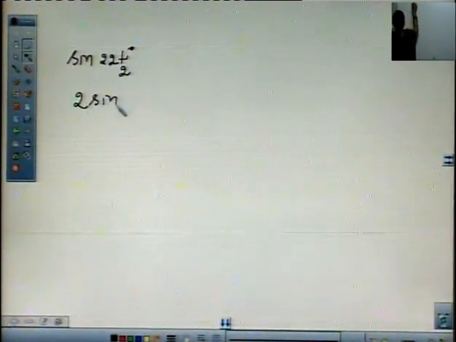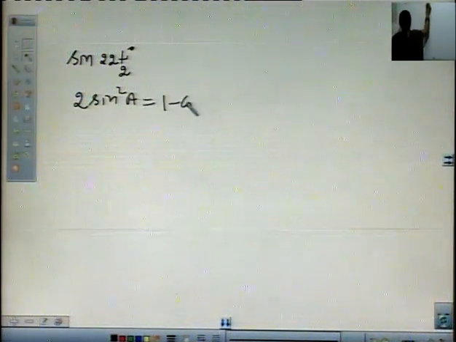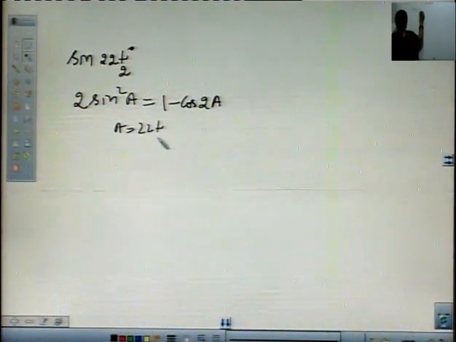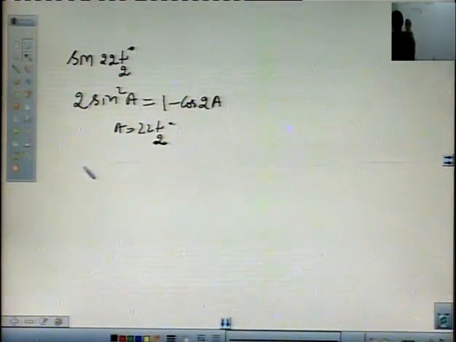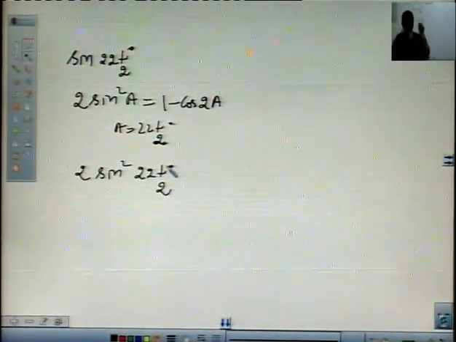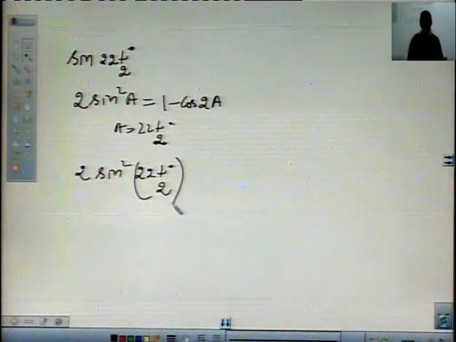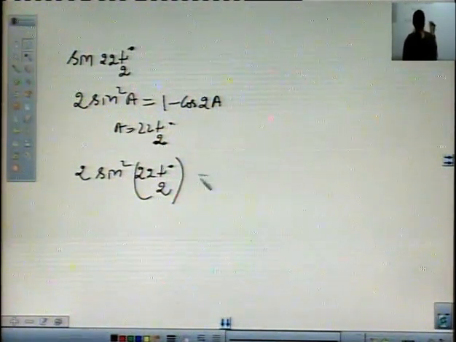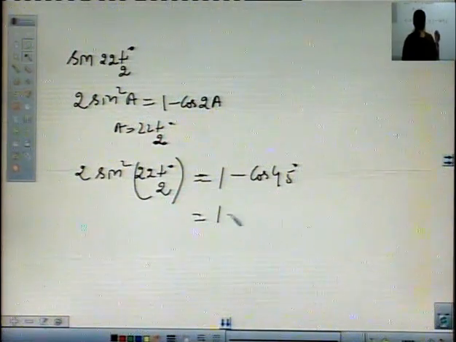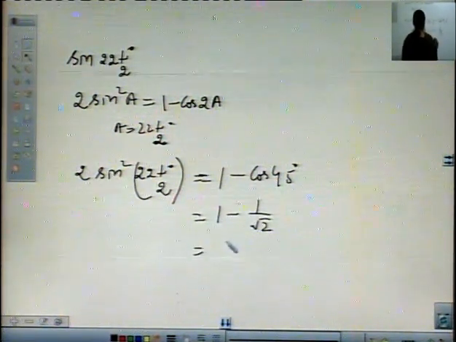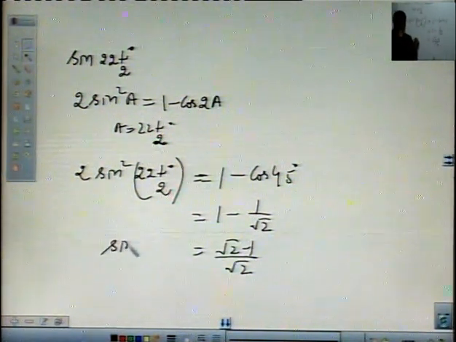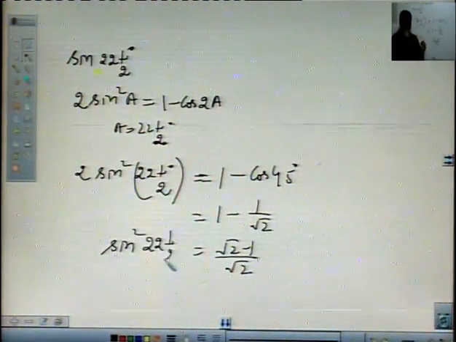We know that 2 sin square A is equal to 1 minus cos 2A, and putting A is equal to 22 and a half, 2 sin square 22 and a half is equal to 1 minus cos 45, which is 1 minus 1 upon root 2, which is root 2 minus 1 upon root 2, and sin square 22 and a half is this, with 2 in the denominator.